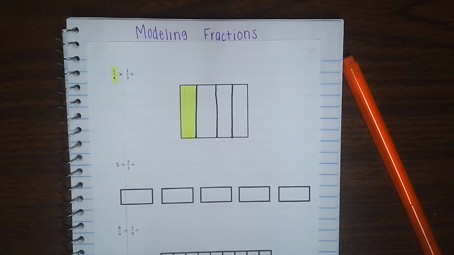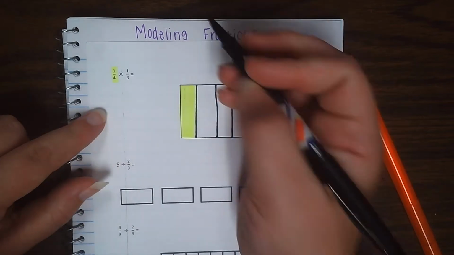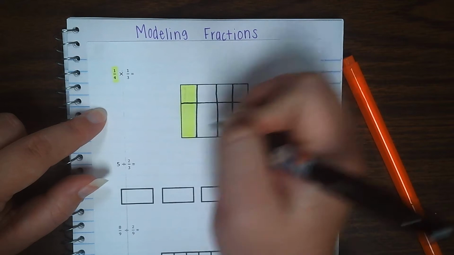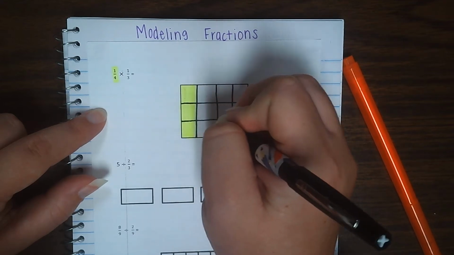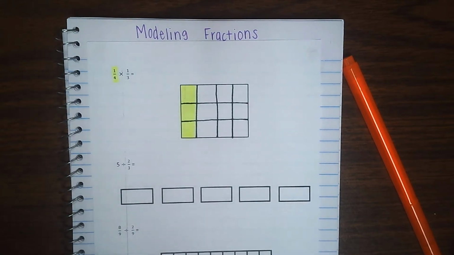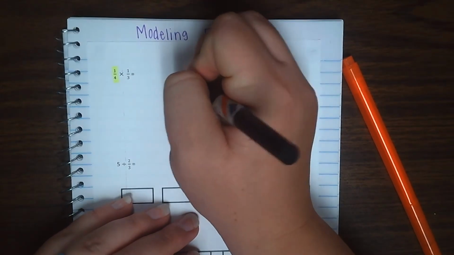And I'm going to multiply it by 1/3. So I'm going to break up vertically this box into thirds. There's 1 and 2. Okay, so like I said, this represents 1/4.